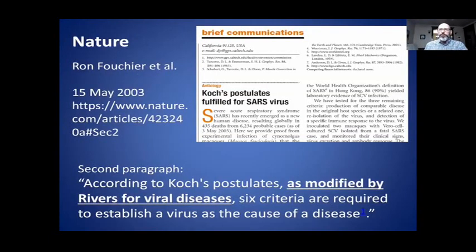So I came across this article that some of my viewers sent me, and it claims that Koch's postulates have been fulfilled for the SARS virus. And this was published back in 2003 in Nature, which is one of the most prestigious scientific journals. And this is really important to point out because I have been saying that Koch's postulates have not been fulfilled.